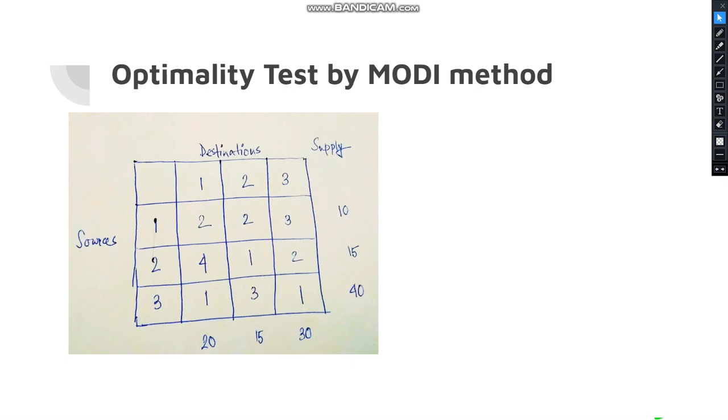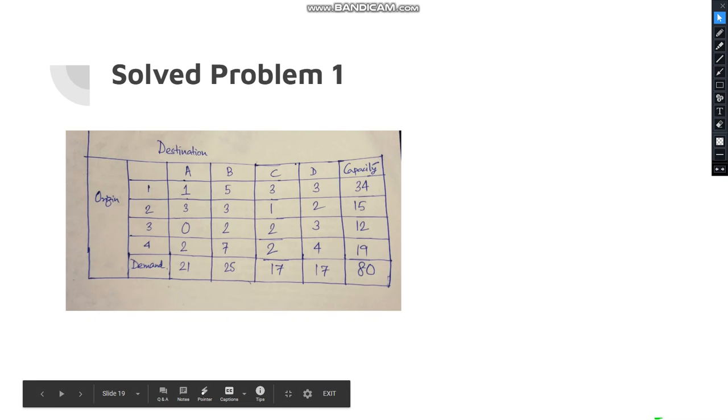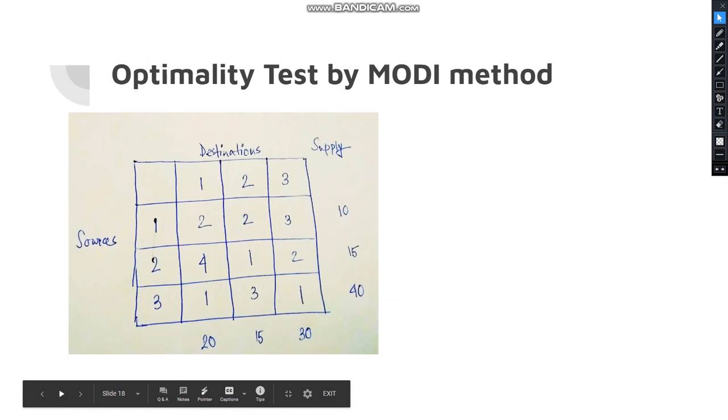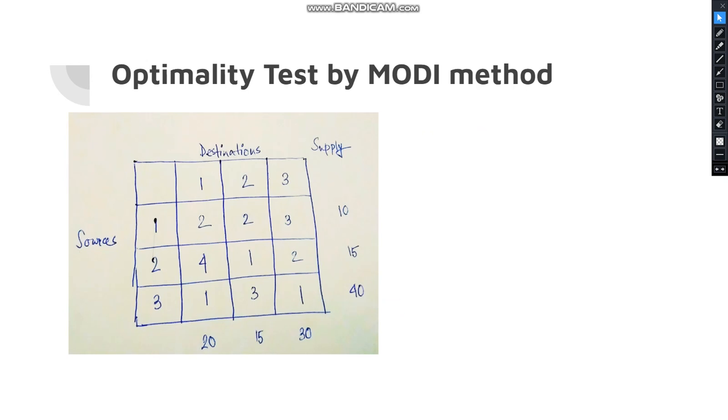Okay, let's leave it here. We'll be solving a problem in the next lecture, where we'll start from finding the initial basic feasible solution, then we'll go on optimizing it.